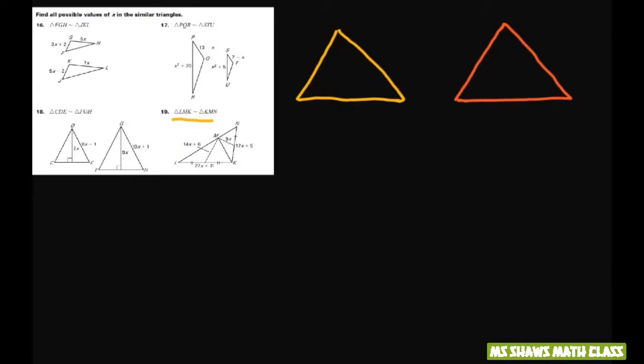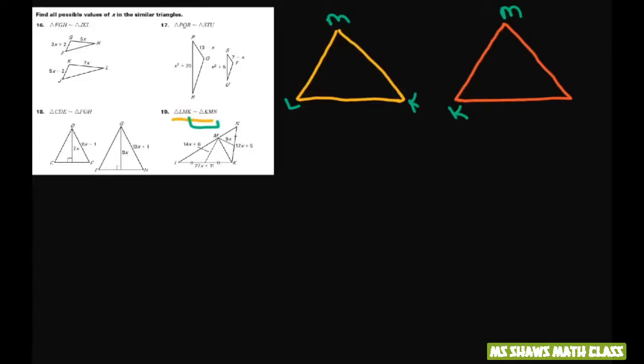And label accordingly. So this would be L, M, K. And this is going to be K. M is the same place. And then N. N goes with K.